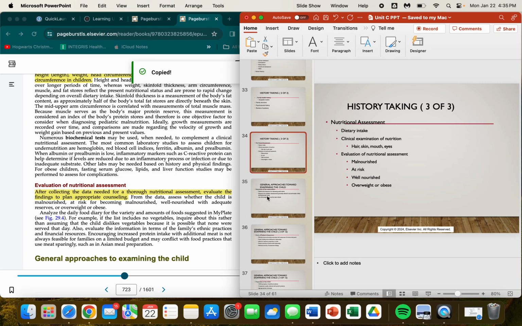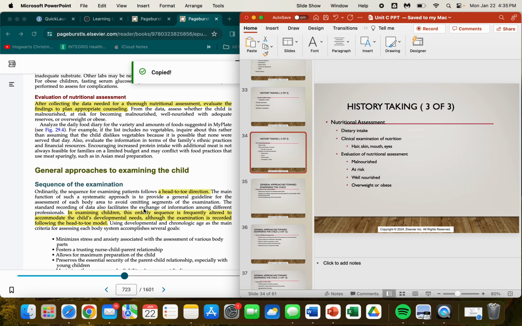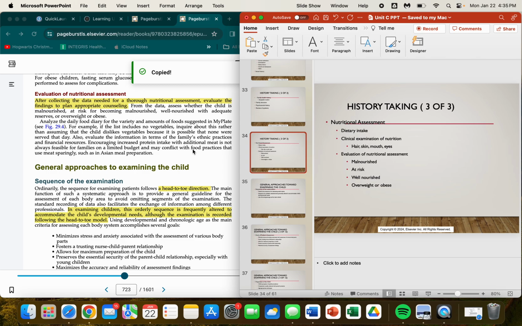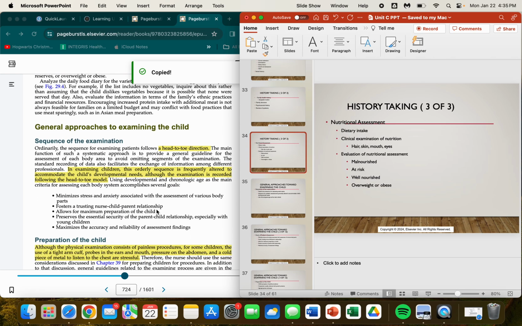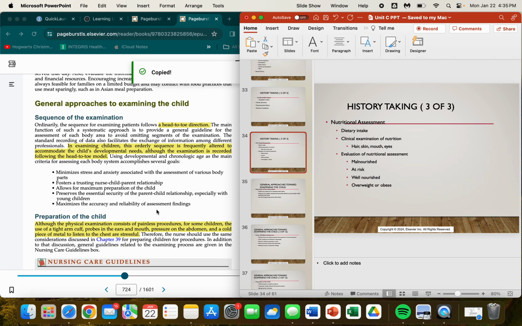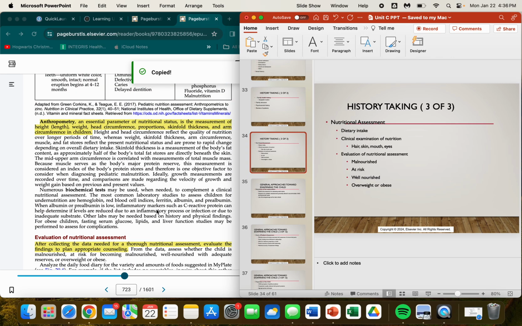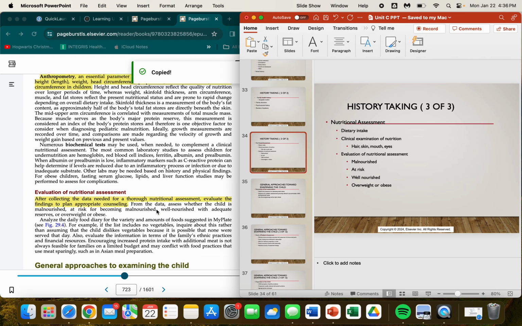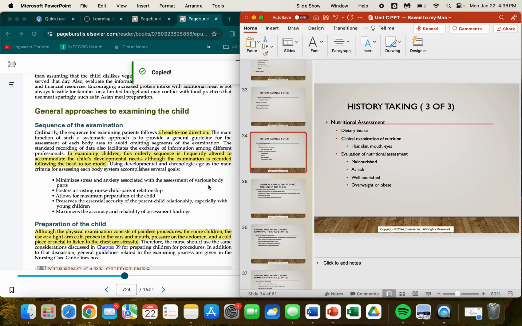The nutritional assessment portion of this is really thorough, but depending on what we find within our nutritional assessment, we may want to refer that child to the appropriate person, right? We may want to refer them to the dietitian. And then I think your book goes a little more in depth on how to take these actual numbers in just a bit, so we'll talk about that then.